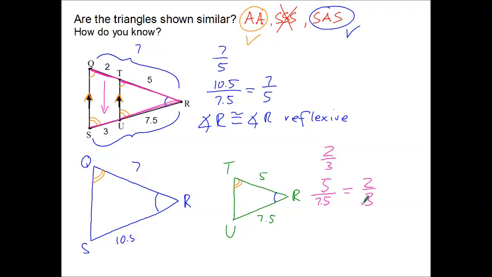Now we could also relate segments in different ways. We could also relate the segment 2 to the segment 5 and write 2/5 as a ratio, and then relate segment 3 to segment 7.5, and 3/7.5 can be reduced, and again will give us a ratio of 2/5.